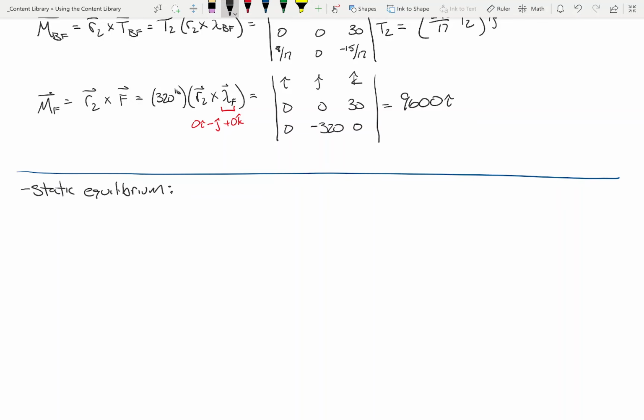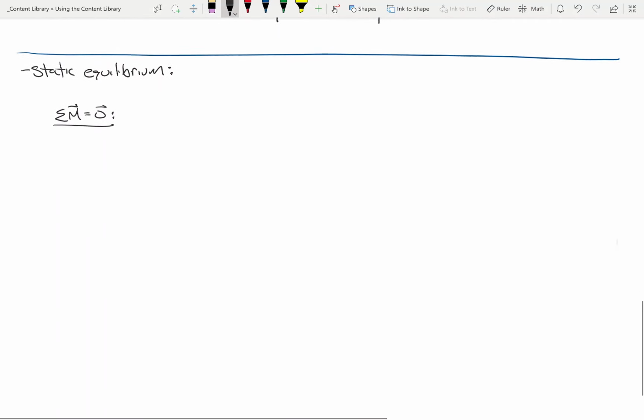So when we apply static equilibrium, let's sum moments first, right? The whole point of writing the moments this way is to eliminate unknowns. So let's apply the summation of moments first, and let's see if we can make our lives a little easier in terms of solving for unknowns.